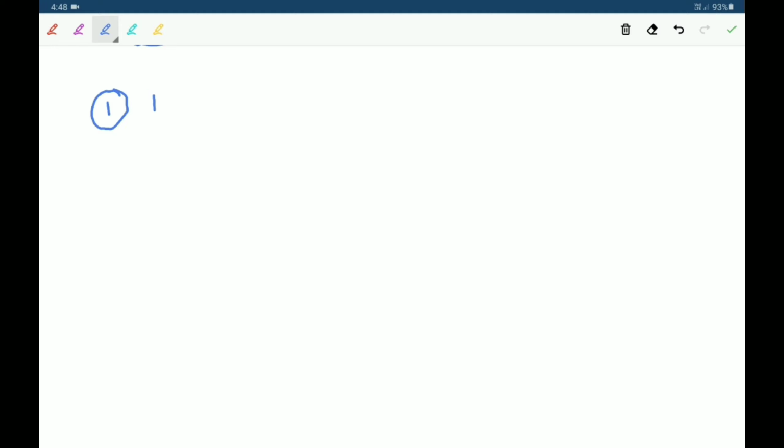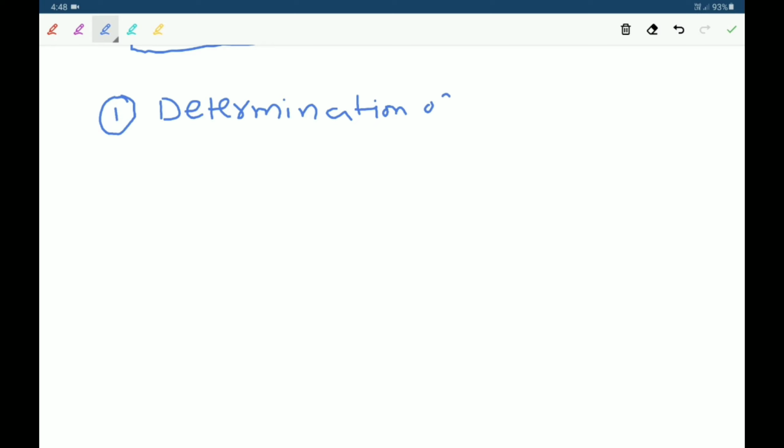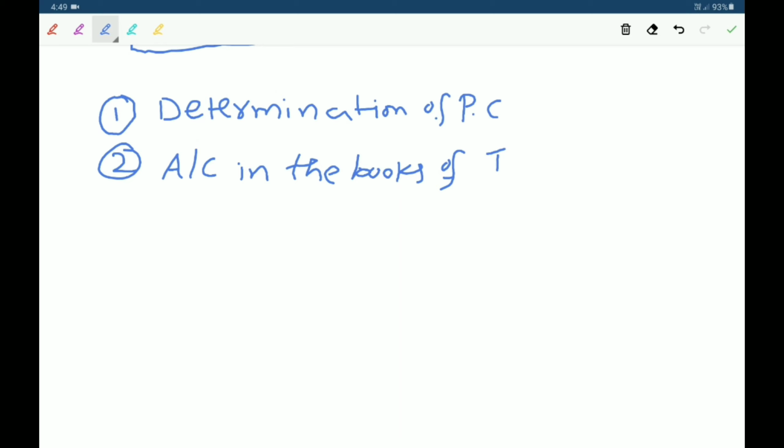One is determination of purchase consideration. Second concept, accounting in the books of transferor company.